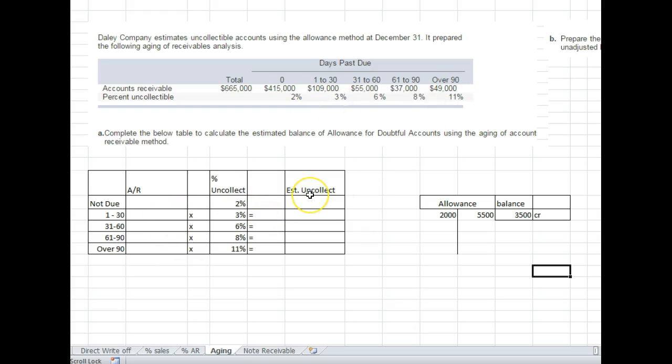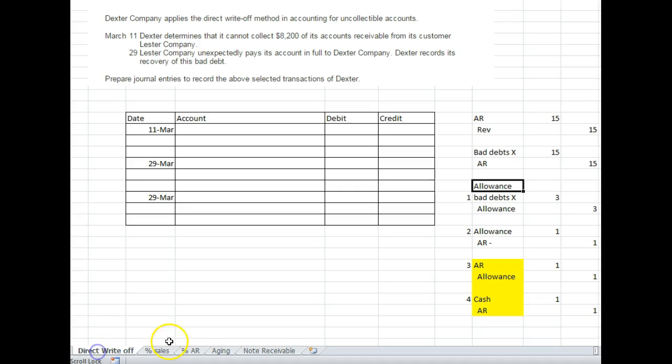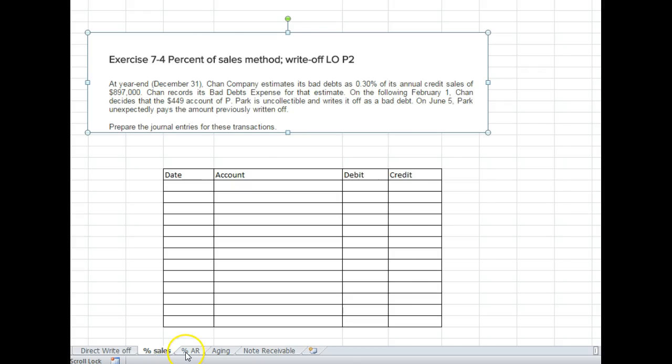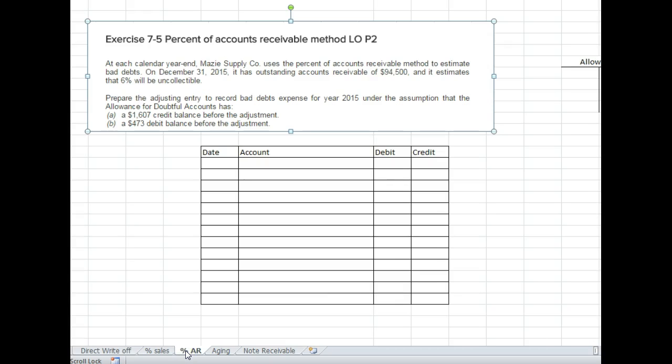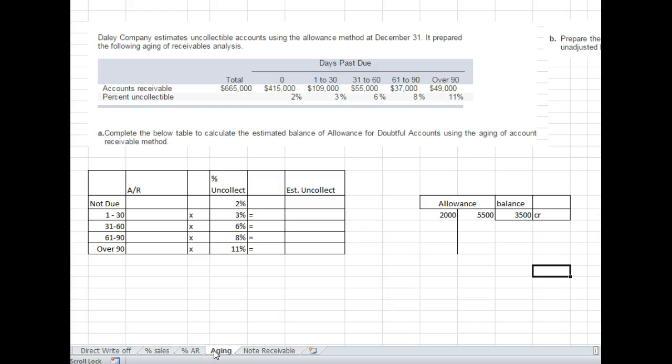And you'll create a table, and then you'll have a list of uncollectibles. This one's much more precise. And then you would have the allowance accounts here. So that is the 4 ways: direct, percent of annual sales, percent of accounts receivable, and the aging of accounts. So next we will do individuals.